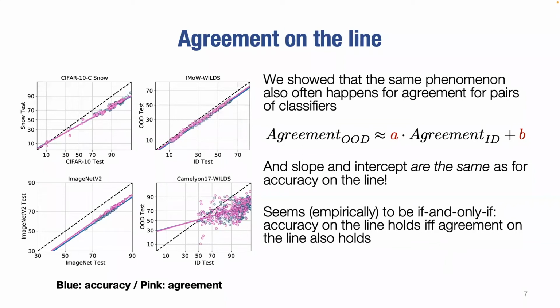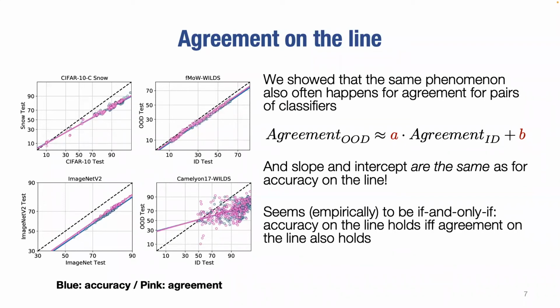And then I'm also plotting in blue the accuracy of all the classifiers. So there are going to be more pink dots than blue dots, because pink dots are all pairs of blue dots. But what you see is that agreement lies on the line, seemingly if and only if accuracy lies on the line.